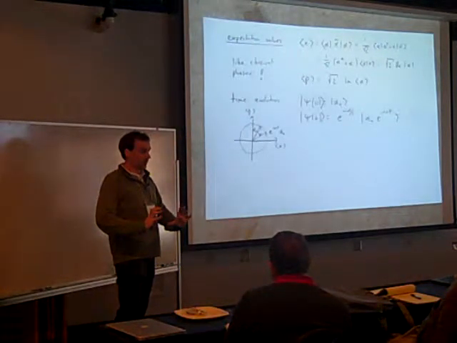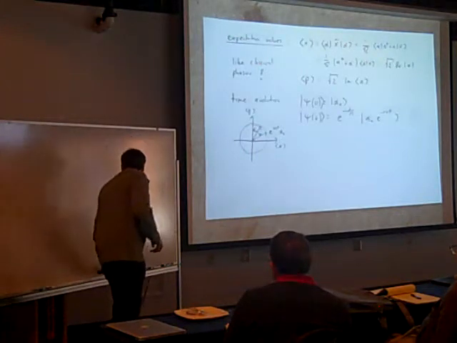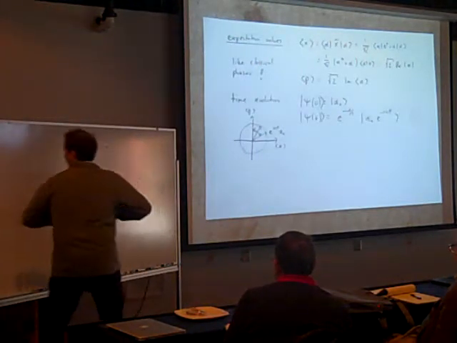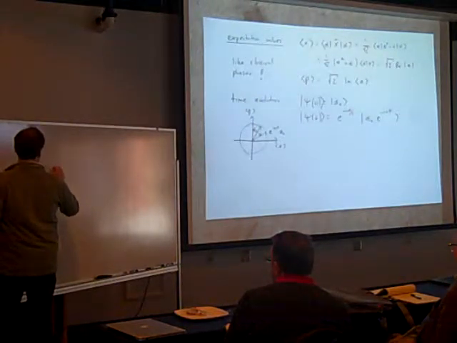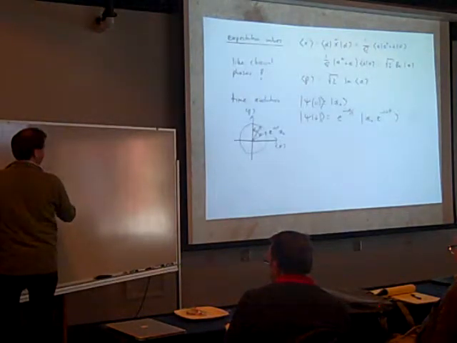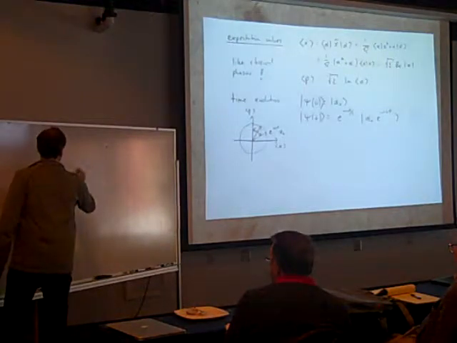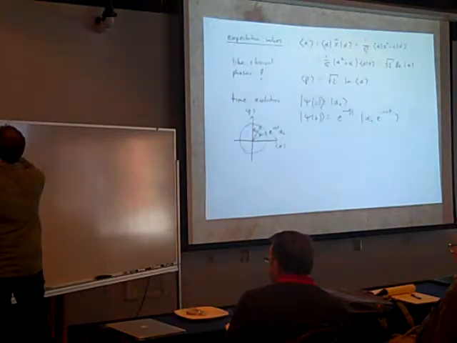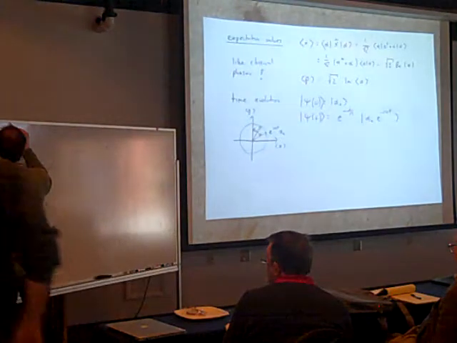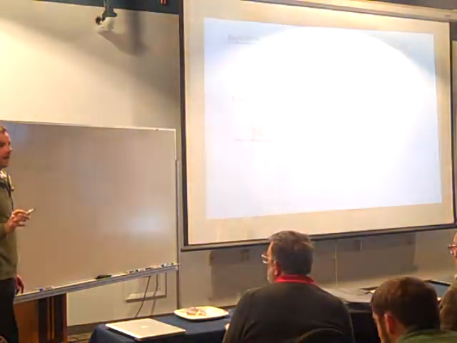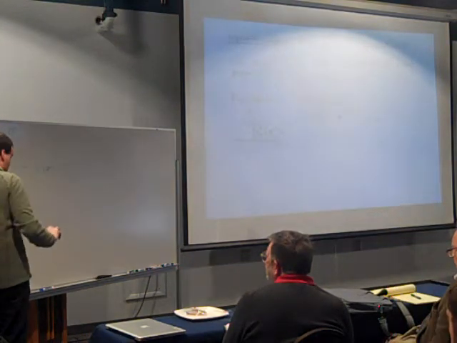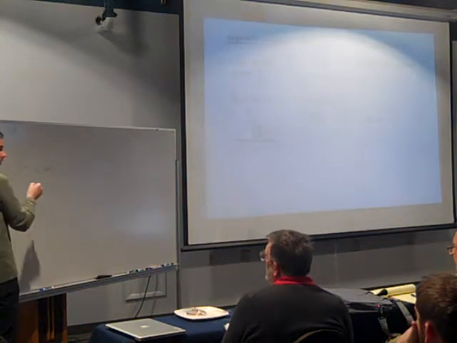What actually happens is, let's say this is our phase space. This is the real part of alpha, which corresponds to the position. This is the imaginary part of alpha, which corresponds to the momentum. For the harmonic oscillator ground state, we are here, but not exactly here.